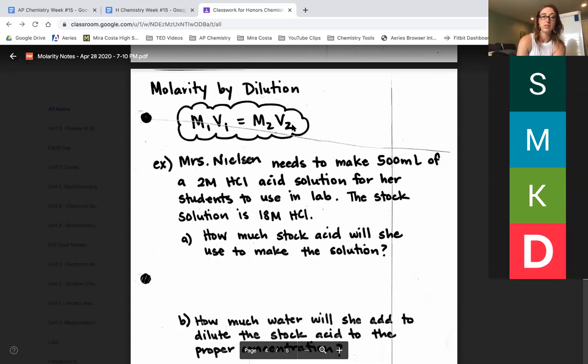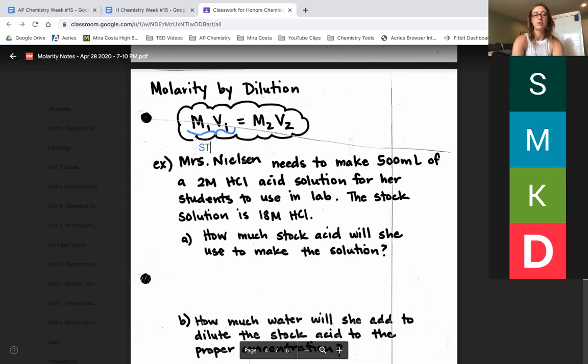M1V1 equals M2V2. Molarity 1, volume 1 of your stock is equal to molarity 2, volume 2 of your desired solution. So in other words, let's think of it like this. I'm going to see if I can draw this. There, this would represent my stock.